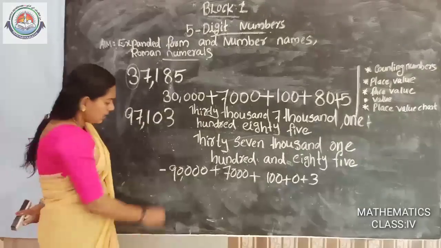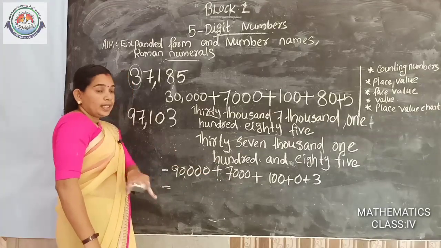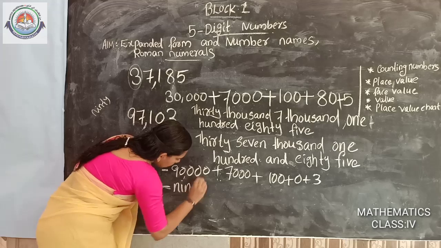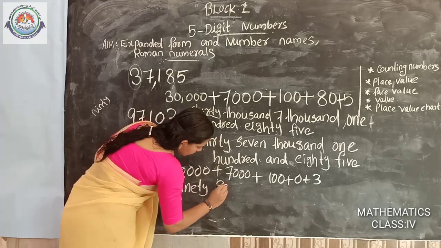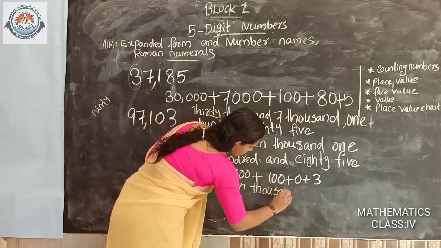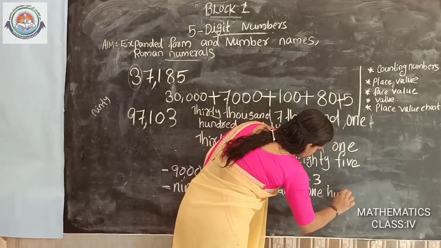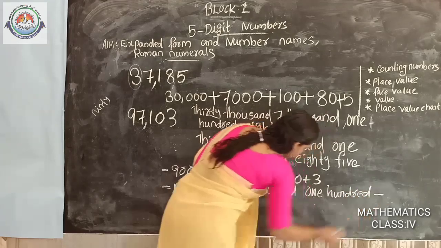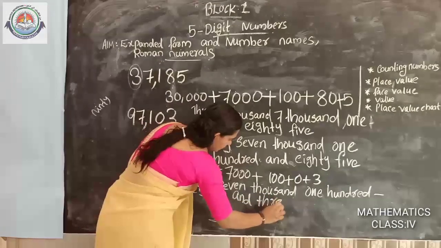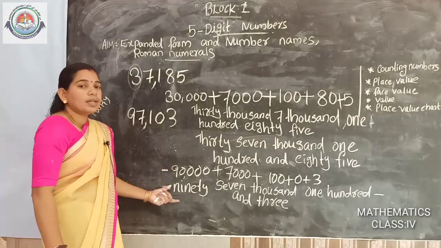Then how do we give the name? Here we have 90,000 and 7,000, so we write them together: 90 plus 7, 97,000, and 103. We first expanded the number, then wrote the name.